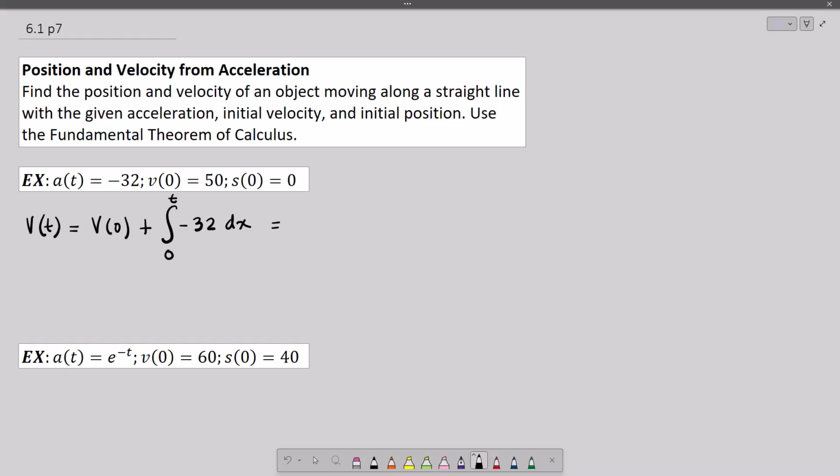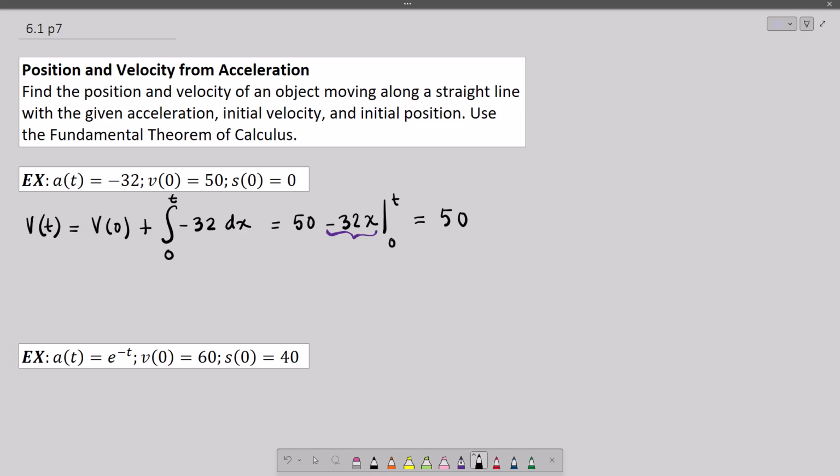Okay, so v of 0 is given to be 50. And then we integrate negative 32. That's easy. That's just negative 32x from 0 to t. Integrating a constant, we just add the independent variable, the dummy variable. And again, the 50 is not part of the antiderivative. The antiderivative is just the negative 32x. So the 50 is in front.